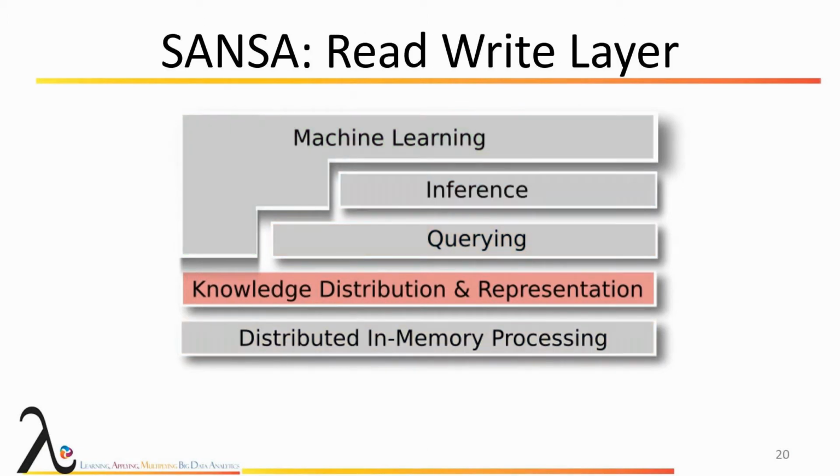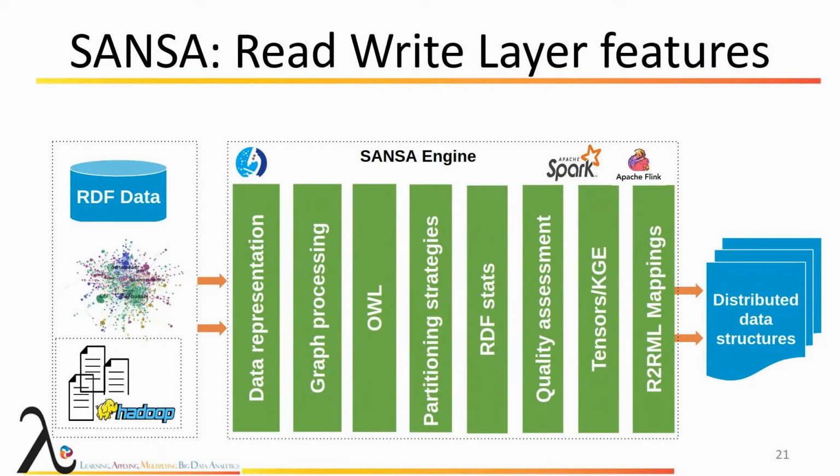So, more into details, layer by layer, what we have. At the very bottom, the most important thing is to be able to deal with data directly. So just on top of the physical layer where you store data, we have a knowledge distribution and representation layer, which is in charge of taking the pieces of RDF data that the user wants to load on the stack, and distributing it across the cluster via some Hadoop and HDFS primitives.